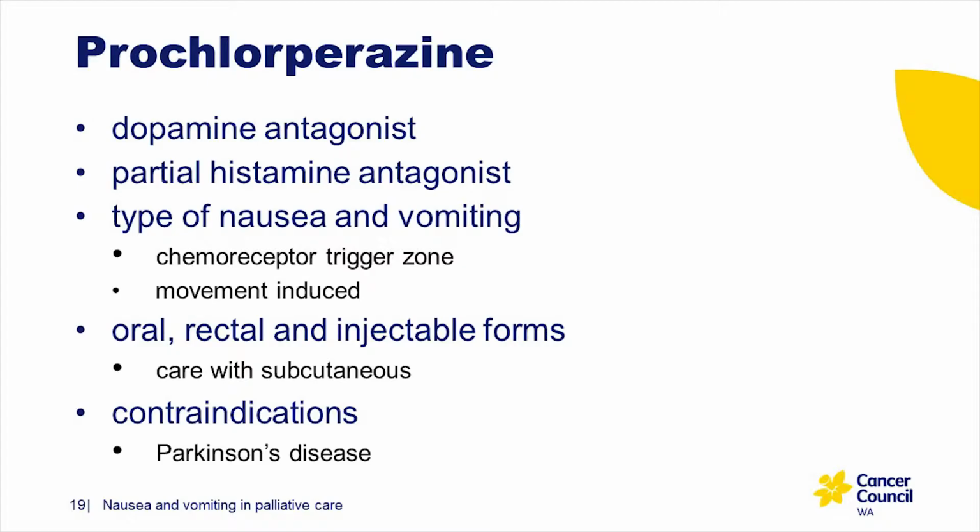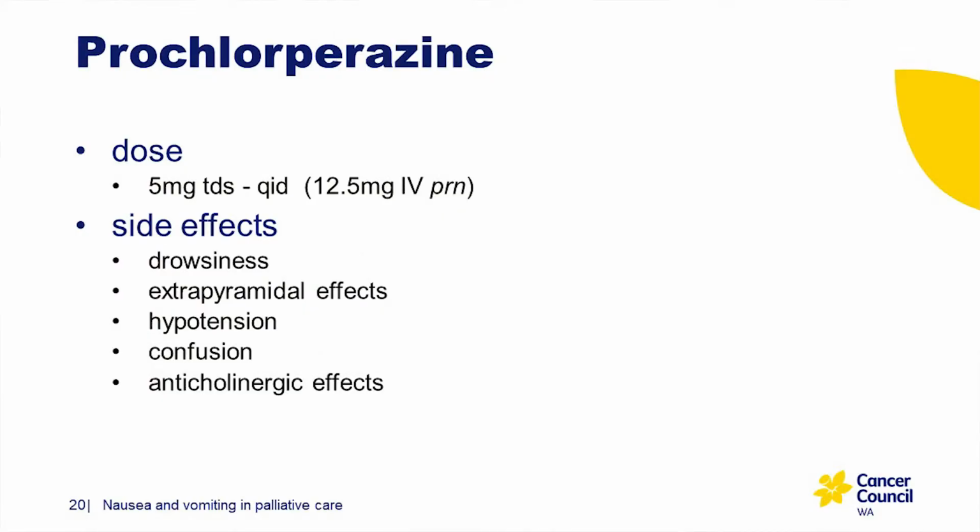It's generally recommended that prochlorperazine isn't given subcutaneously because it can be quite irritant to the tissue, and it also has the same precaution with Parkinson's disease because of the extrapyramidal side effects. The doses are generally orally 5 milligrams TDS to 4 times a day. We give higher doses if we're giving it intramuscularly or intravenously.